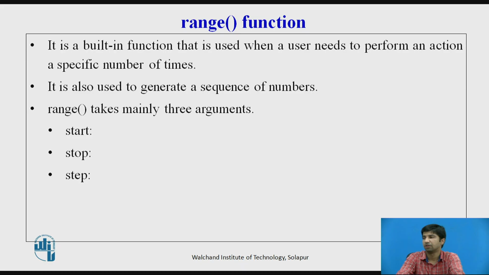Now, the range function. What is the range function? As the word says, range, when it comes to your mind there should be a starting and an ending value. The same thing applies in Python. It's a built-in function which is used when a user needs to perform an action a specific number of times. It can also be used to generate a sequence of numbers.